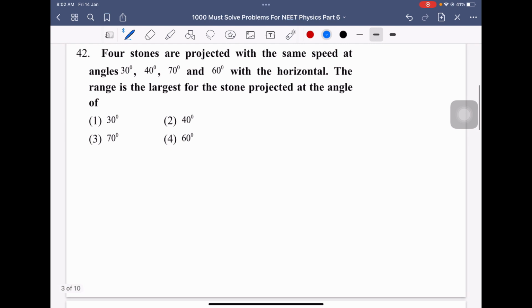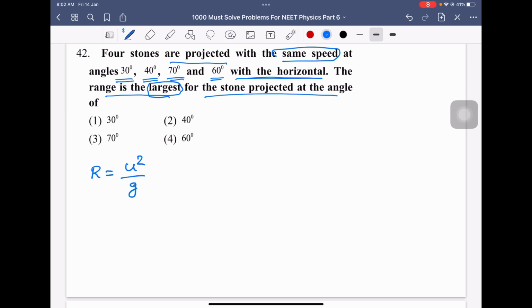We'll go to question number 42. 4 stones are projected with the same speed at angles 30 degree, 40 degree, 70 degree and 60 degree with the horizontal. The range is largest for the stone projected at which angle? First we will see the equation for range. R equals u square by g into sine 2 theta.